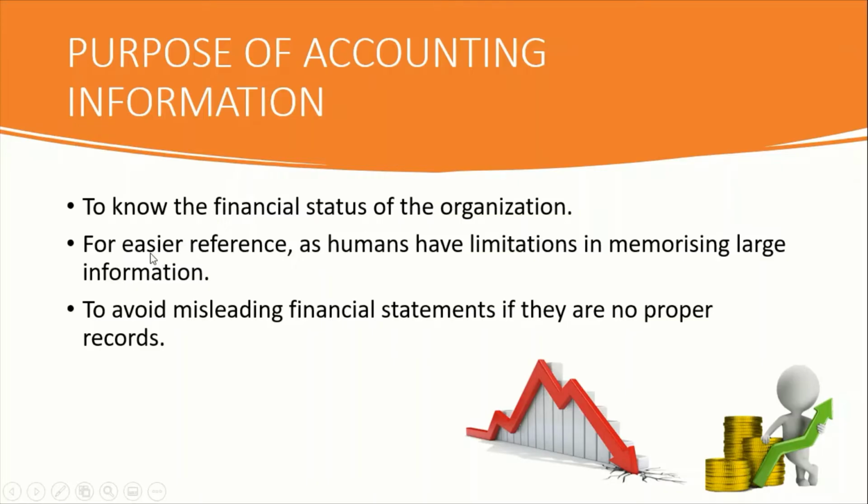Next is for easier reference, as humans have limitations in memorizing large information. The financial reports have very detailed information, which is sometimes too much for the human brain to process. So we make those reports so that people can see and don't have to memorize the detailed information.